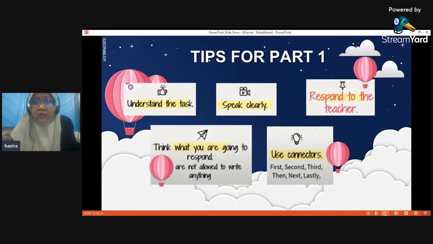Secondly, you need to speak clearly and correctly as well. So be very careful with your basic subject verb agreement, when you have to put s at the end of the verb, or say it clearly.